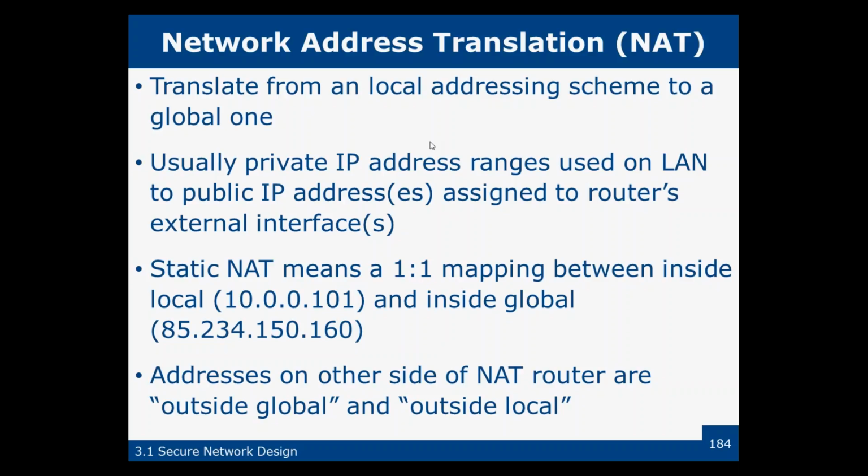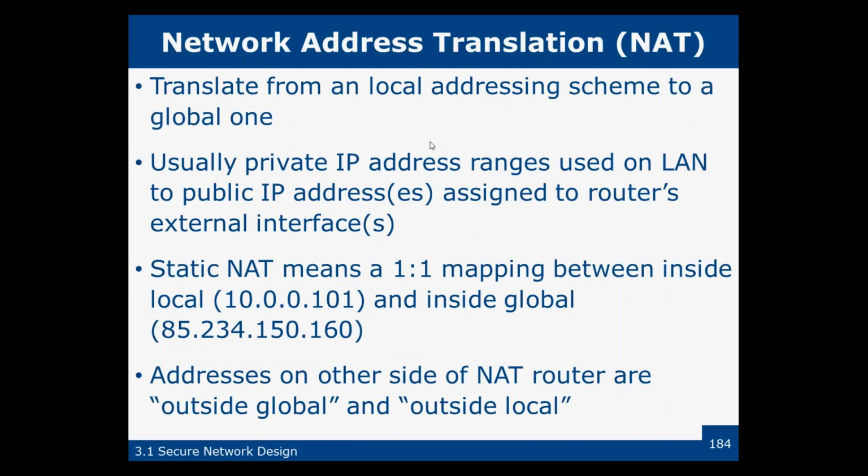NAT allows us to translate, and NAT itself is a one-to-one translation from a private IP address, an inside local address, to a public address, an inside global address. This is the Cisco terminology: inside local and inside global, outside local and outside global.